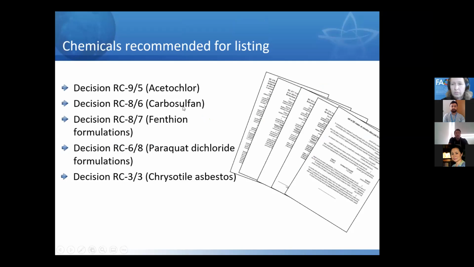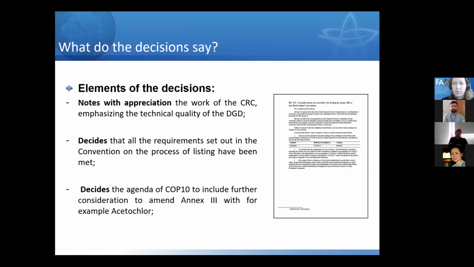The first 2 fall under the pesticide category, whereas Fenthion and Paraquat dichloride fall under severely hazardous pesticide formulations, and Chrysotile asbestos is an industrial chemical. As already mentioned, the elements of these COP decisions are more or less the same for the 5 chemicals.